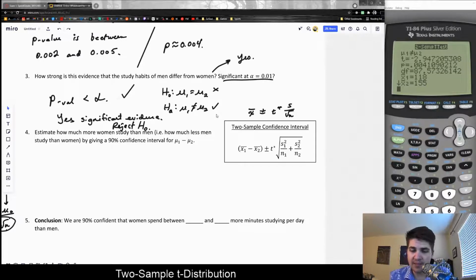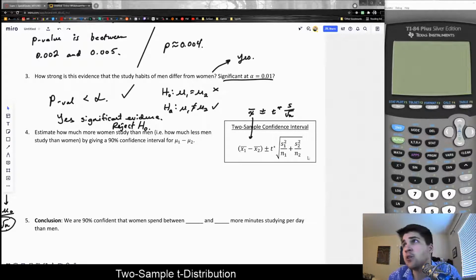Instead of using the sample mean as our unbiased estimator, we use the difference in our sample means as the starting value for our interval. So that's one notable difference. Then we add or subtract the critical value multiplied by the standard error. We've just replaced the standard error for a single sample with that of two samples. Again, it's exactly the same structure. It looks quite a bit more complicated, but at the end of the day, it's pretty much the same deal.